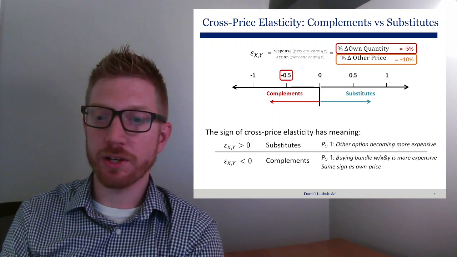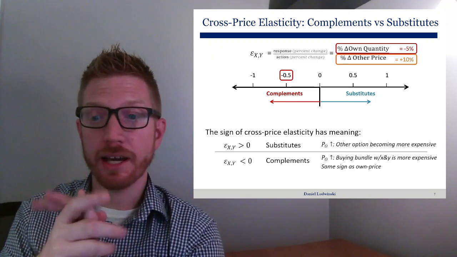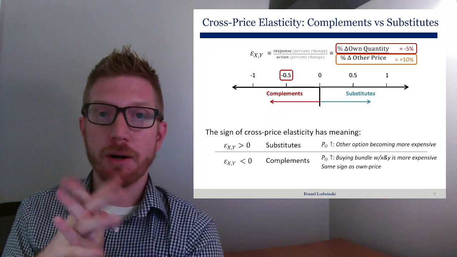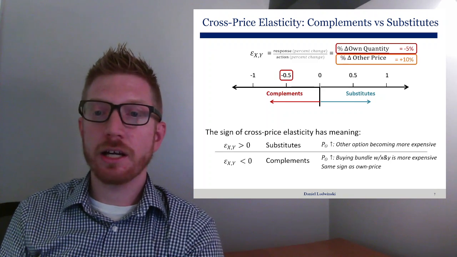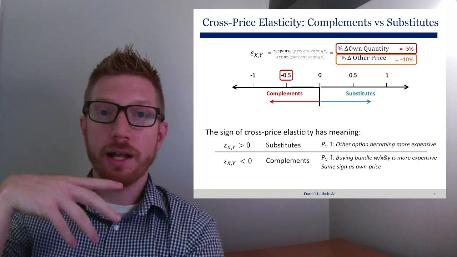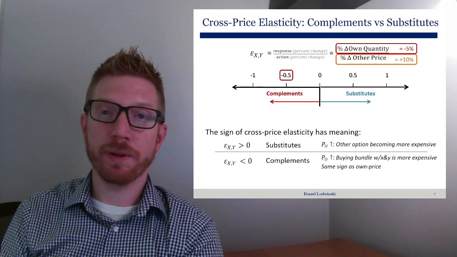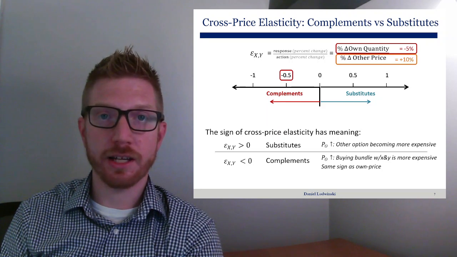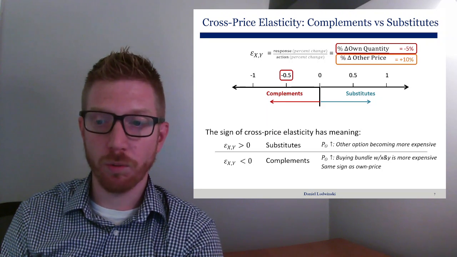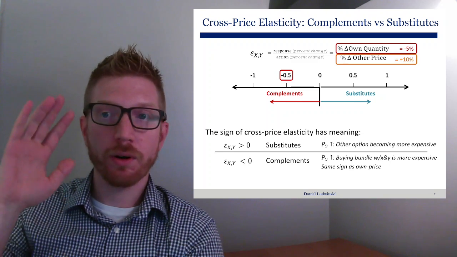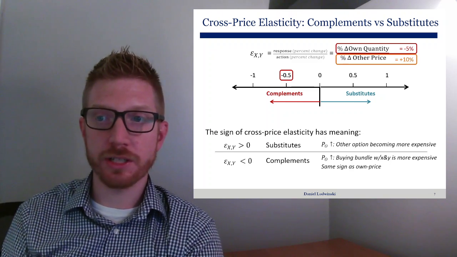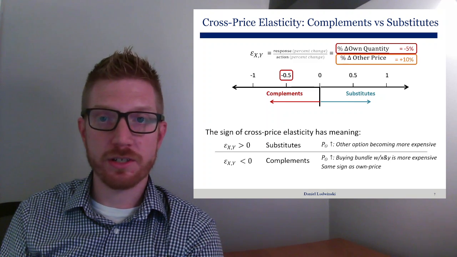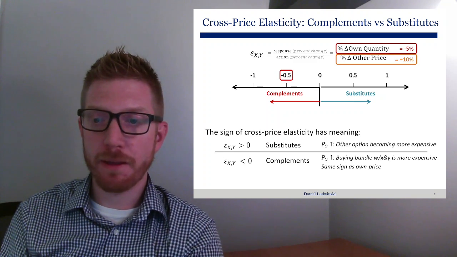This is the case when goods are bought together as a bundle, like hot dogs and hot dog buns, or coffee and donuts. And so if part of the bundle becomes more expensive, you're less likely to buy the bundle as a whole. Therefore, an increase in the price of donuts will decrease the purchases of coffee on the margin.